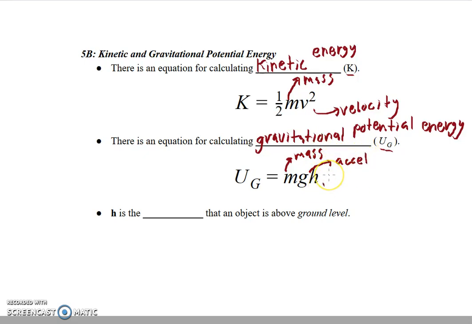And then H is a new one. H is going to be the height that an object is above ground level. So if you have a cliff right here and an object on it, how high it is off the ground is its H, and that determines how much energy is being stored as a result of that height. So there are lots of types of energy, but there are two that have an explicit formula: kinetic and gravitational potential.